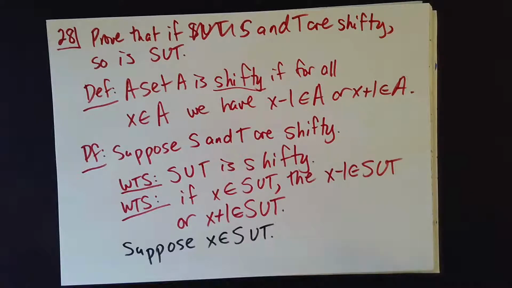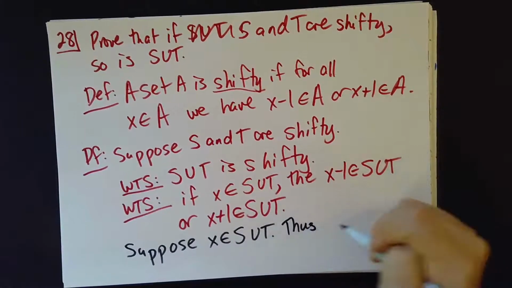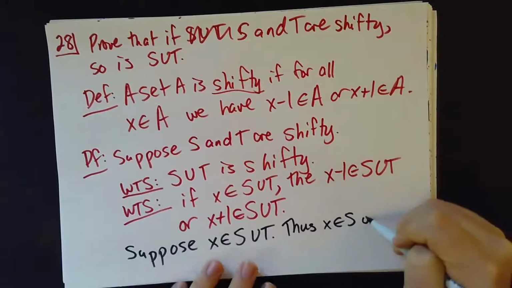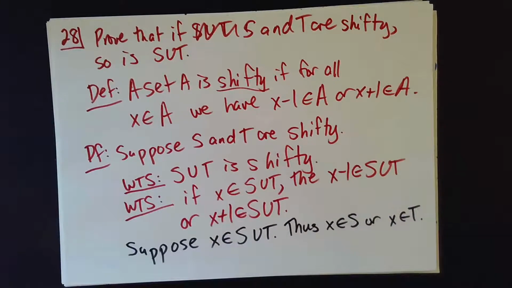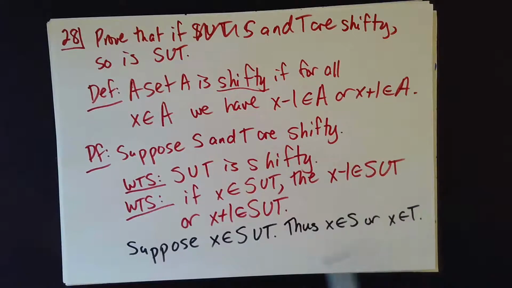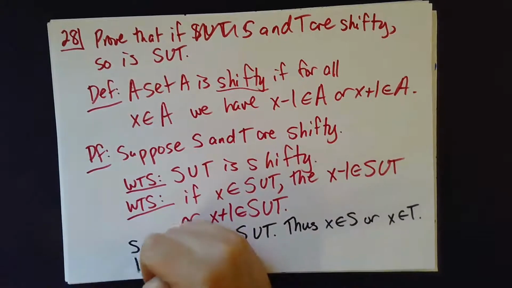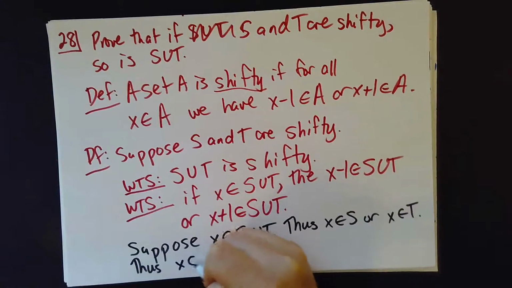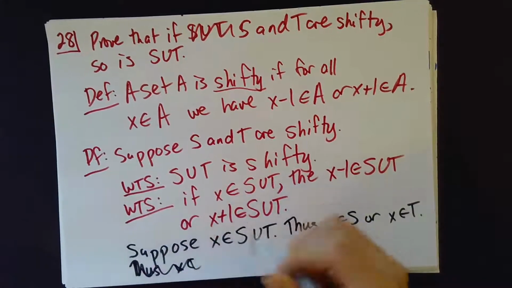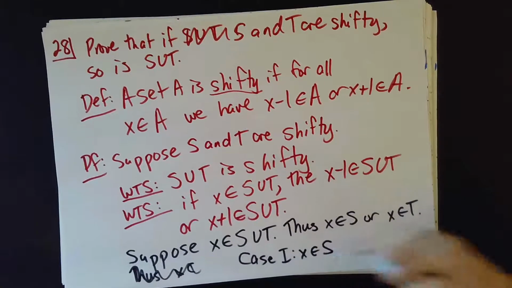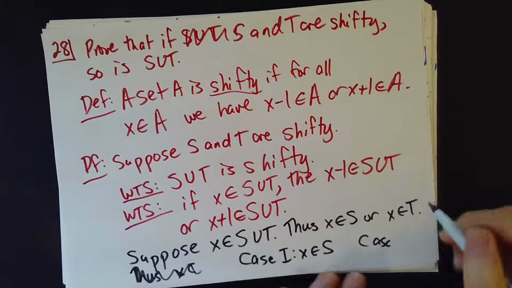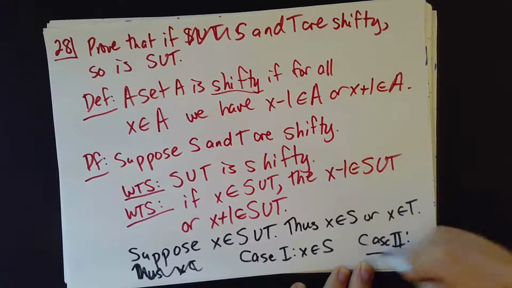Right. So x being in S union T means that x is in S or x is in T. And you can't really make any progress until you know which of these it is. So you want to structure this as case 1, x is in S, case 2, x is in T.